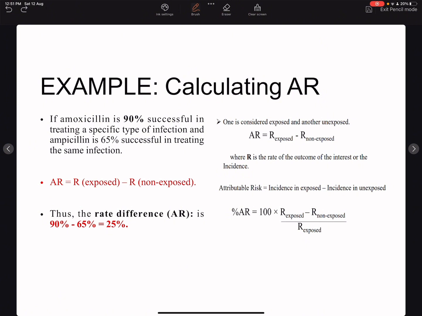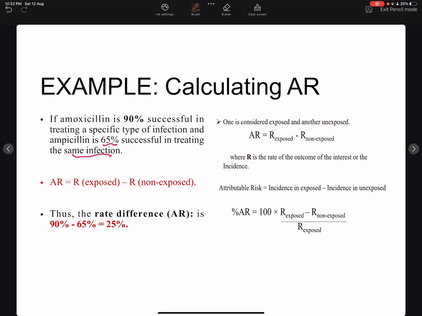Now, how are we going to calculate the attributable risk? In this example, amoxicillin and ampicillin are used for treatment of the same infection. We found that amoxicillin is 90% successful in treating this type of infection, while ampicillin was successful in 65%. So if we want to measure the rate difference, we subtract the risk in the non-exposed from the risk in those exposed.